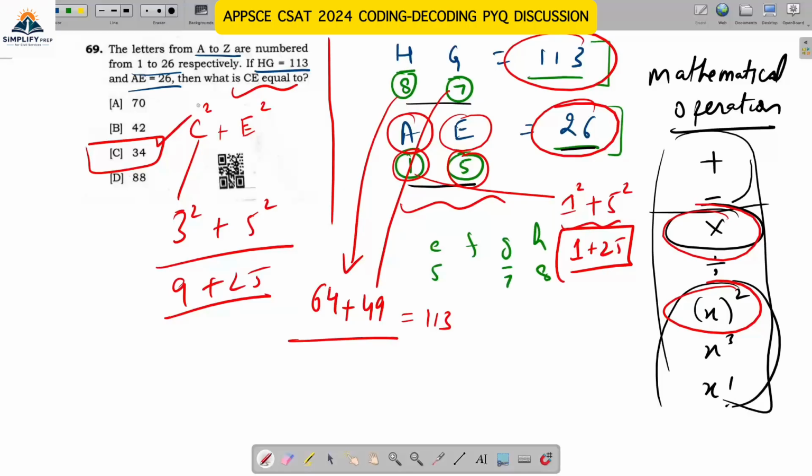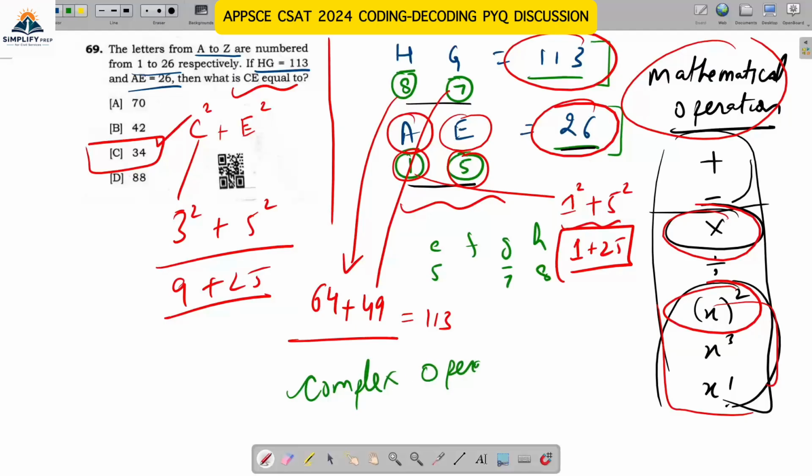So not very tough, but you should know it will sometimes be squares, cubes, and sometimes complex operations. Remember this, sometimes there can be complex operations, and then the question becomes more tricky and difficult. Complex operations mean a mixture of operations, like after multiplication some number is added, plus 5 or something, and something is subtracted, like minus some y. Two things are taking place, multiplication or square, and addition or subtraction as well.